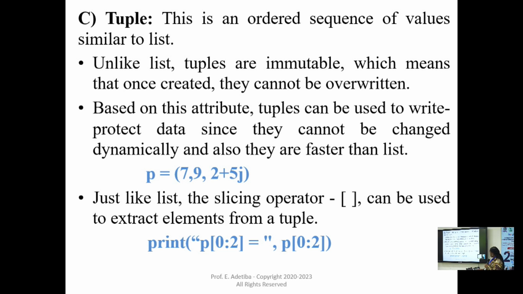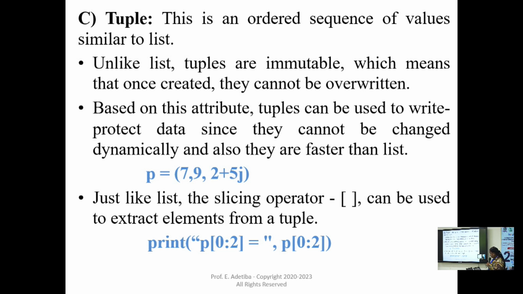I don't need to switch to my system. We can just practice this. We have the variable p is equal to, please, can we type this on our systems? p is equal to 7, 9, 2 plus 5j.